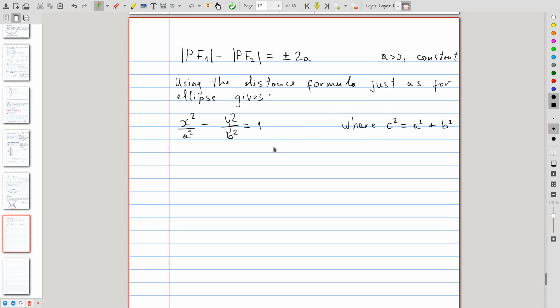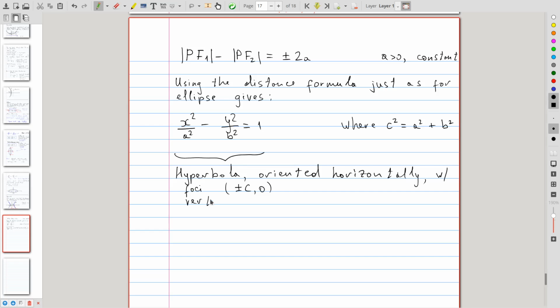And so this is the equation of a hyperbola oriented horizontally, with foci at the points plus minus c, 0 and vertices at plus minus a, 0.